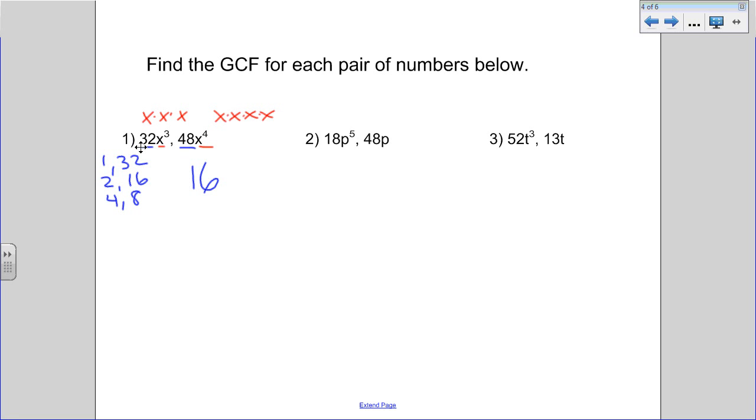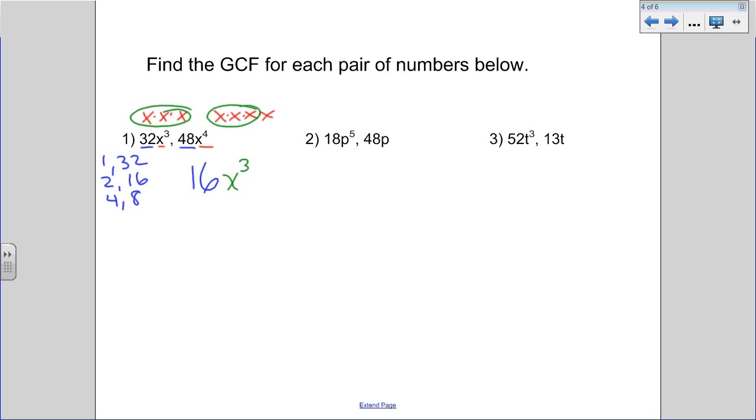They both have x's. How many x's do they have in common? 3. I've got 7 total, but this group has 3 and this group has 3. So for my variable, ladies and gentlemen, I'm going to write my greatest common factor as x to the third.